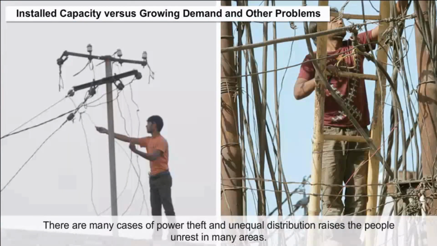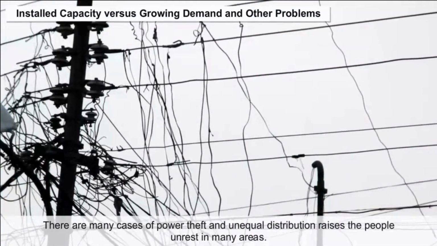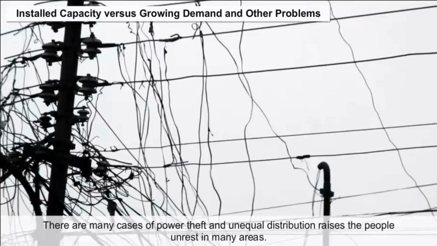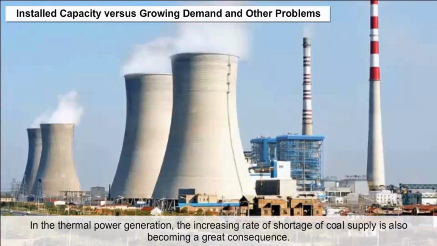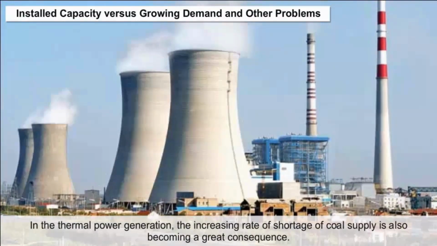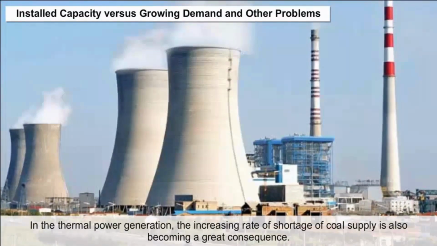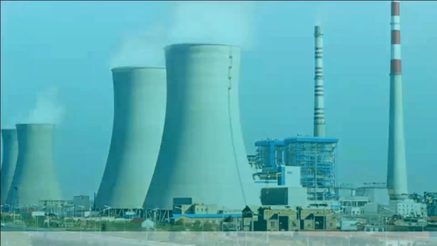There are many cases of power theft, and unequal distribution raises people's unrest in many areas. In thermal power generation, the increasing shortage of coal supply is also becoming a great consequence.